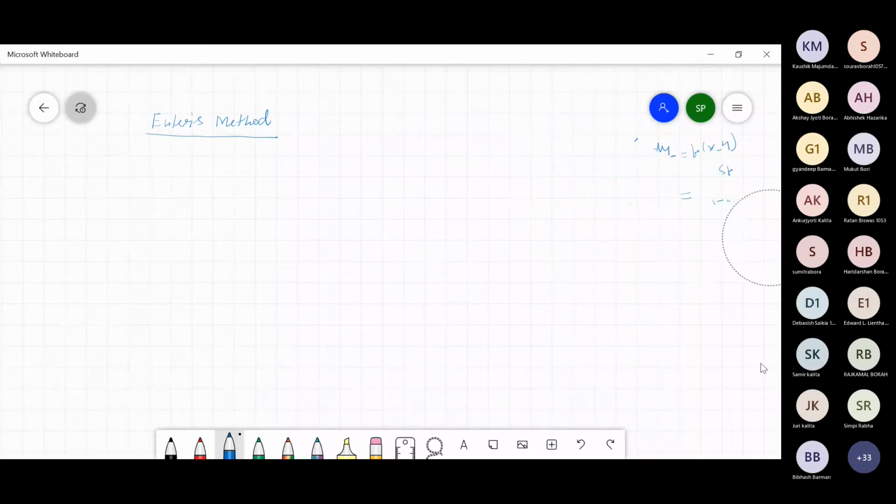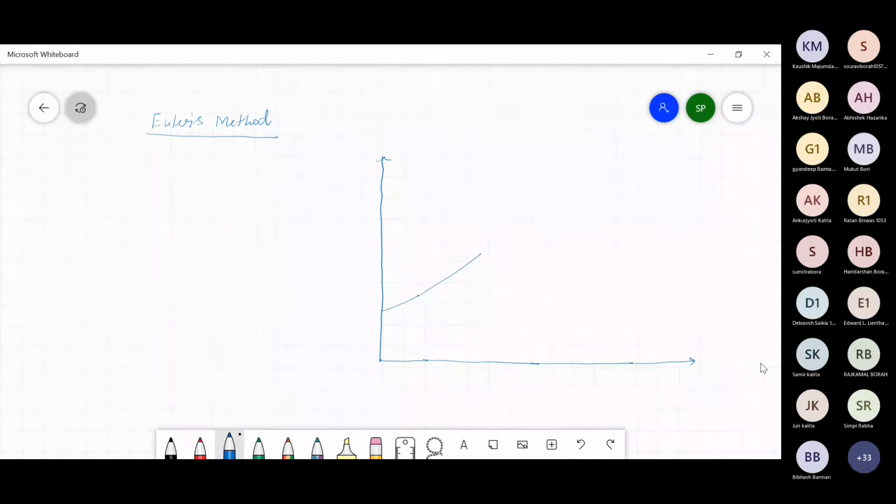Drawing another step will make it easier for you. At x naught, y naught, dy by dx is equal to a function of x and y, and our function is what?